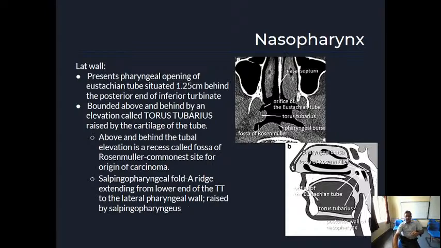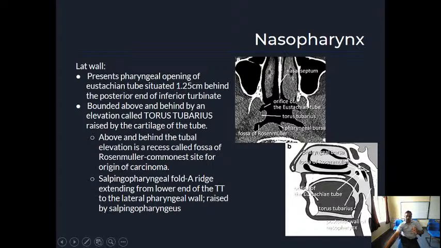So that is about the lateral wall of the nasopharynx: the eustachian tubal opening, the torus tubaris, the fossa of Rosenmuller. In addition to that, in the roof of the nasopharynx you have the adenoid mass.